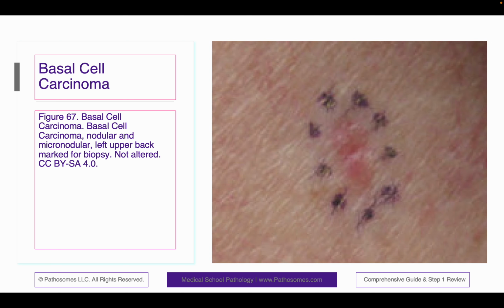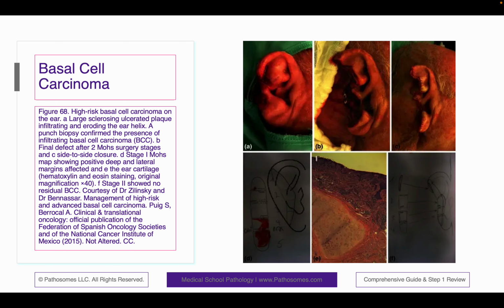And here we have a basal cell carcinoma, nodular and micronodular, marked on the back of a patient. And here we have high-risk basal cell carcinoma on the person's ear. Wow. You future doctors out there that will be performing surgeries, hats off to you.